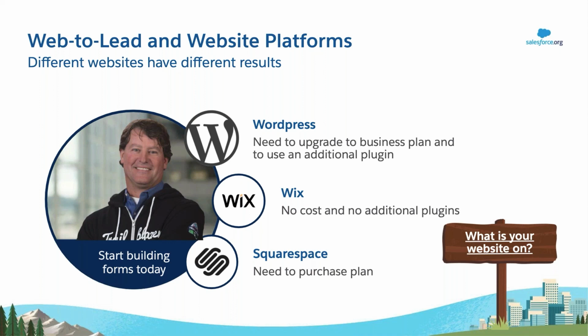So when we're pasting in our HTML, our web to lead form, we have different results using that on different websites. So for example, on WordPress, as far as I've seen, we can't just paste in the HTML and have it work. You need to upgrade to a business plan and use an additional plugin with WordPress.